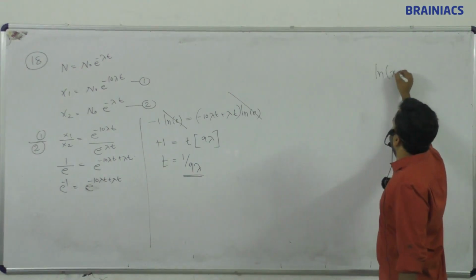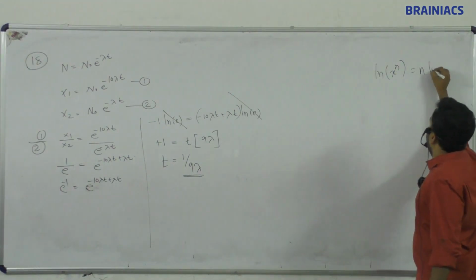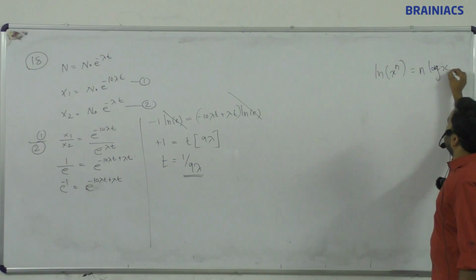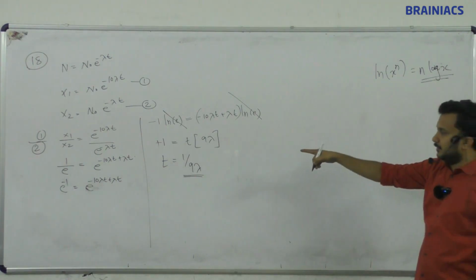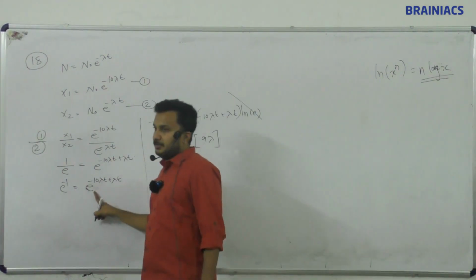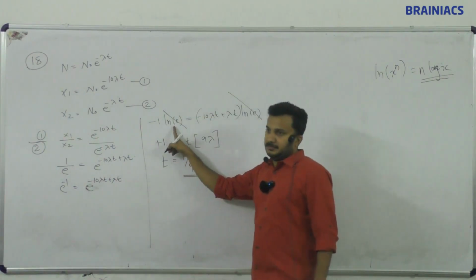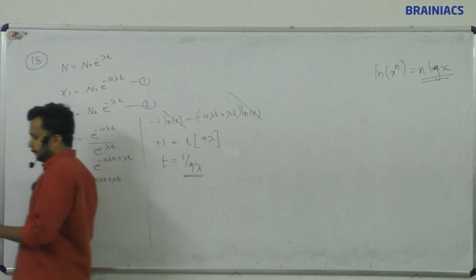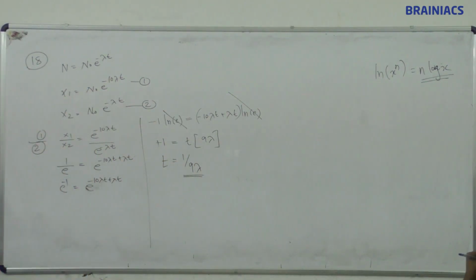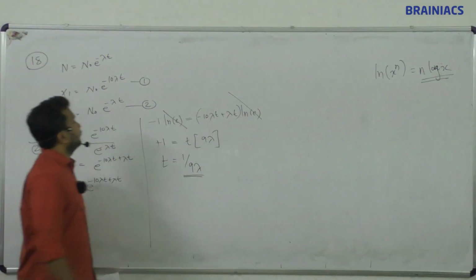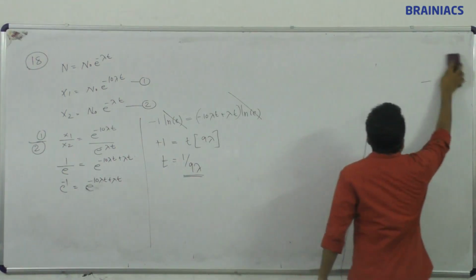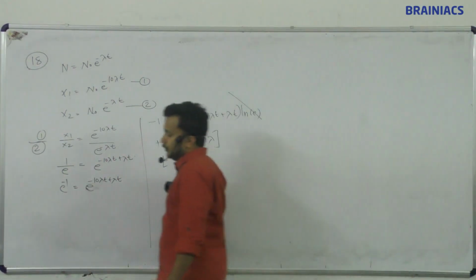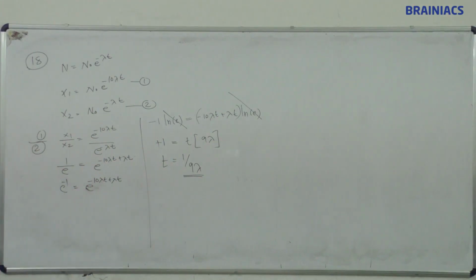Basically log x raised to n equals n log x. Here the log e factor and natural log, the two cancel. Okay, Mithun, understood?